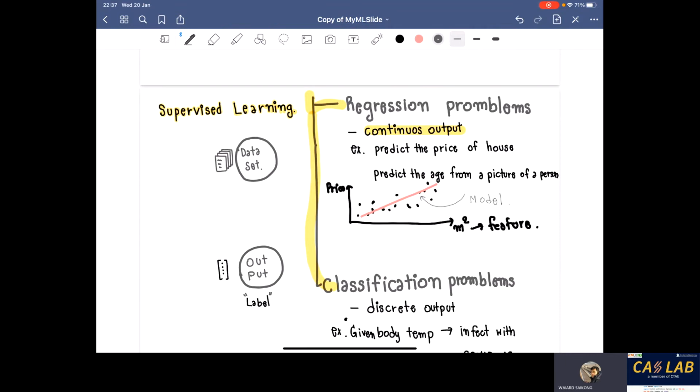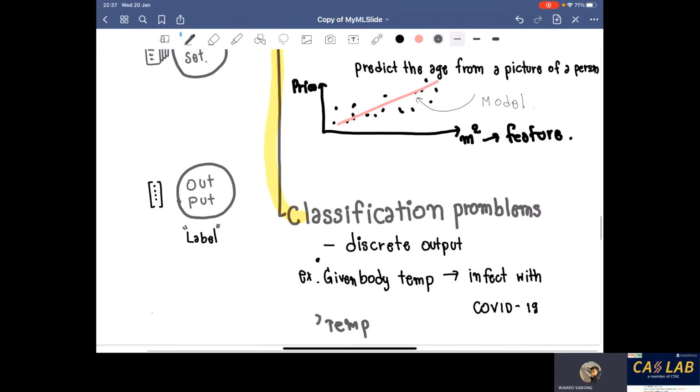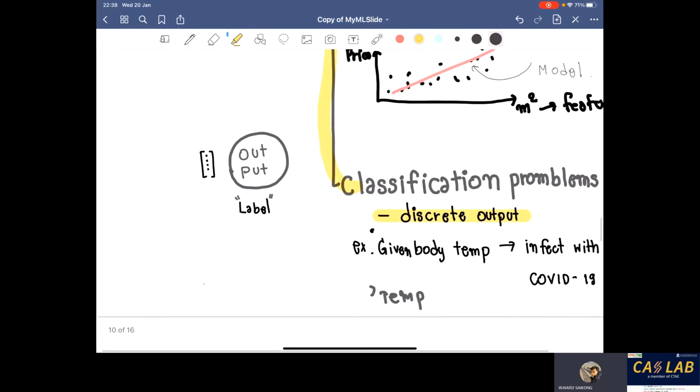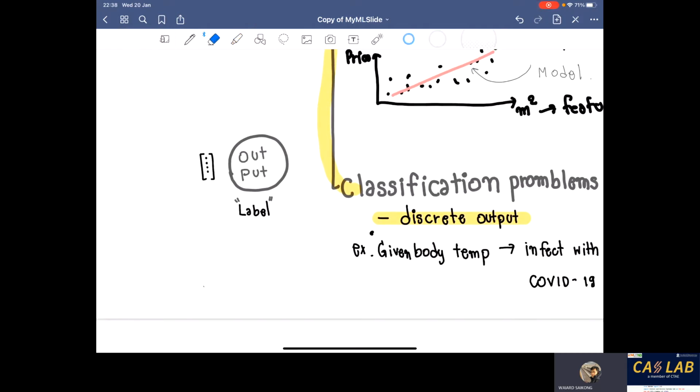We may call it our model. Okay, for a classification problem, we're trying to predict a discrete output. For example, we give the body temperature and we try to predict who is infected or not infected with COVID-19. We draw the graph again. We give the body temperature here, and this is our output, infected or not.